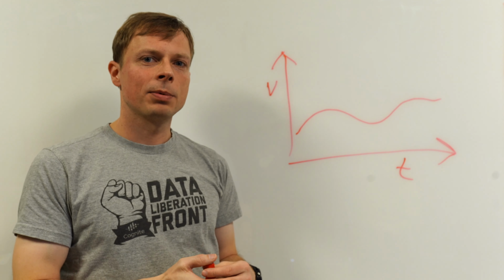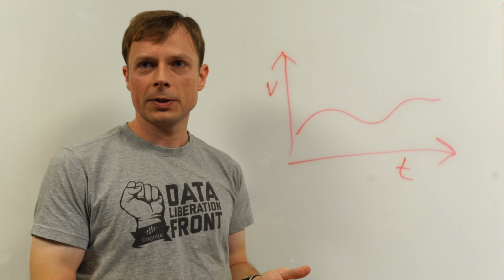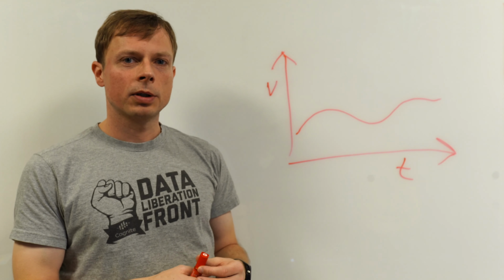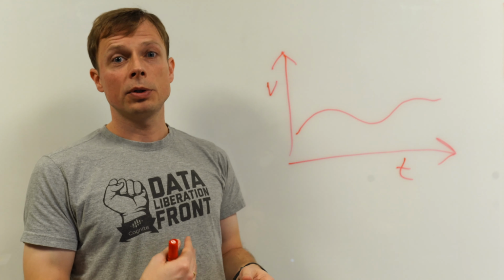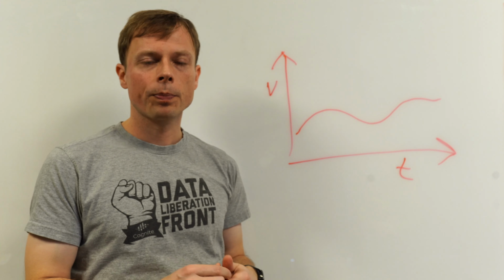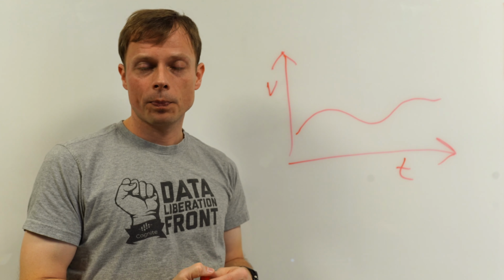But a nice example is yourself. Let's say that you wear a fitness device, a heart rate monitor. Then that heart rate monitor would take measurements in time and produce a time series of how hard your body is working. And it can give you feedback then on your level of fitness.